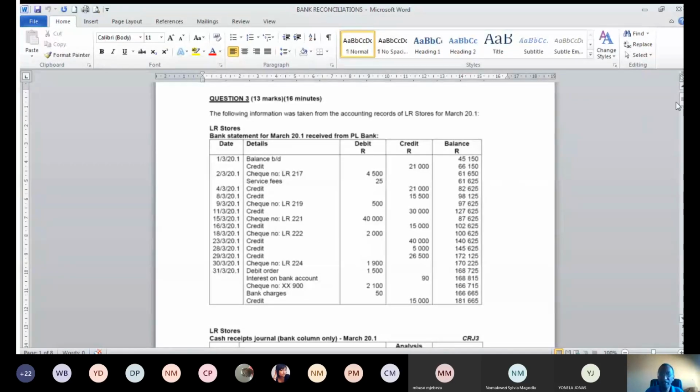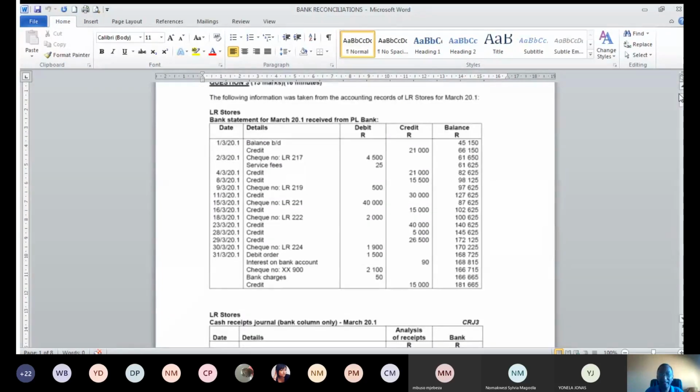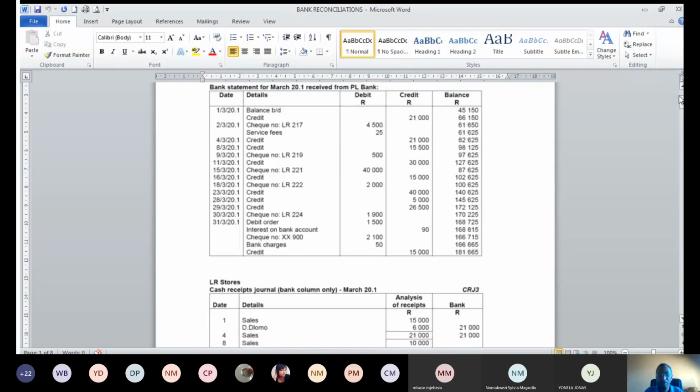On the first page, guys, they supplied you with a bank statement. A bank statement normally has 3 columns. There's a debit column that will decrease your balance, and that is normally where all your checks and your bank charges and so on will appear.